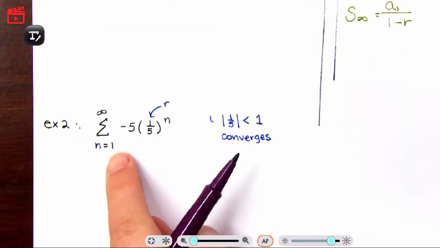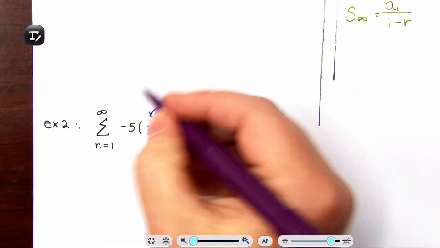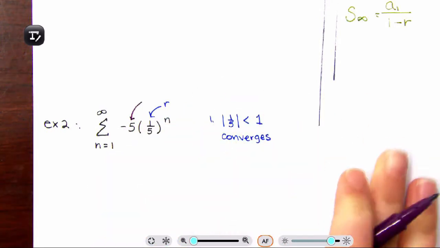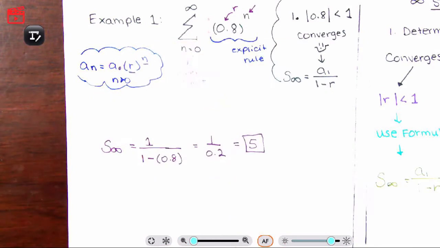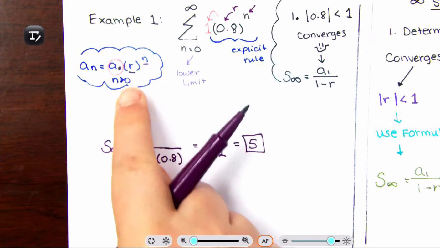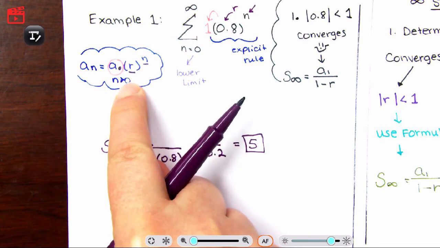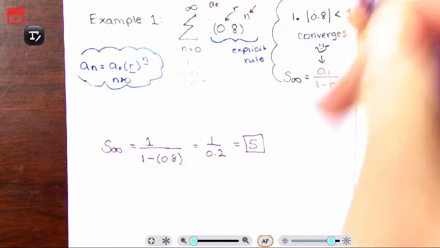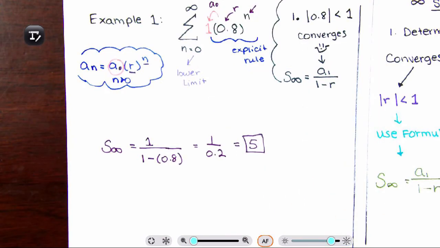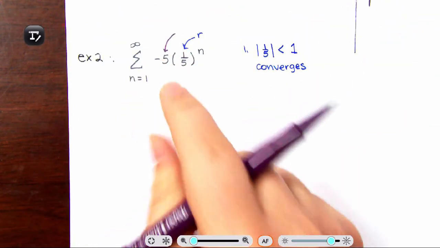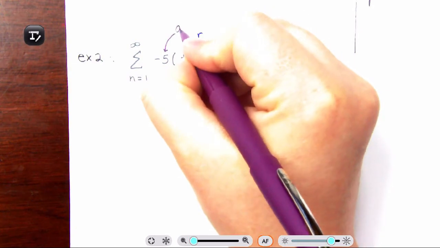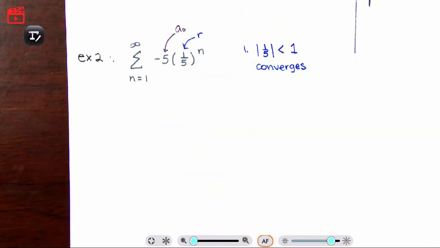This a sub 1 in our formula is technically an a sub naught, or a sub 0, because we start at position number 0. That's our first term in the first position. So going back down here, because we have our formula, this is the a sub naught.